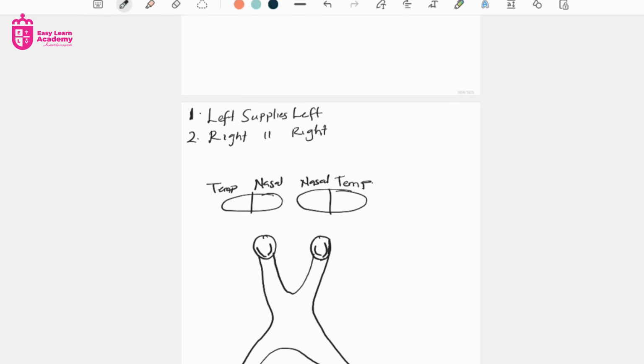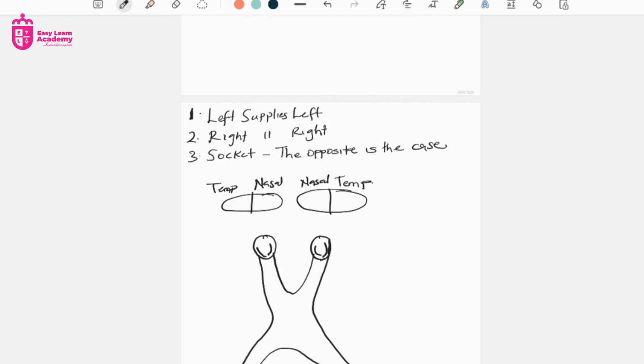And rule 3, at the socket or at the eyeball, so I'll just write at the socket, the opposite is the case. These are the 3 rules you need to follow.